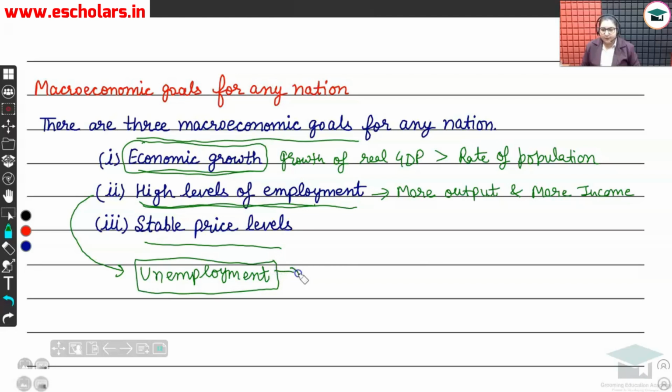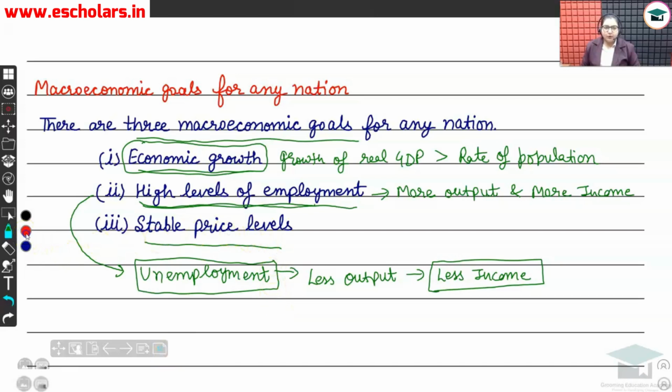How? With unemployment, less output can be generated, and whenever less output is generated, there will be less income generation in the economy, and this in turn is going to affect all the people living in the economy, as per capita income will reduce.